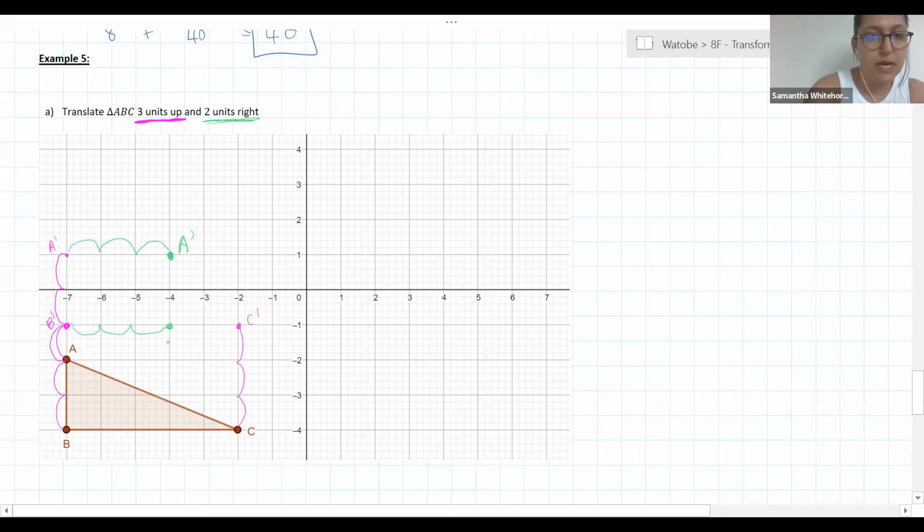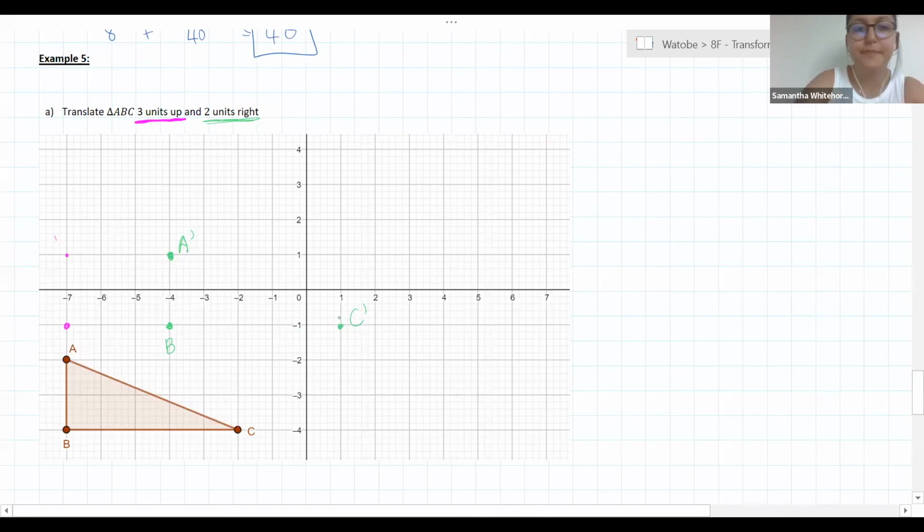So there's B dash. And C, 1, 2, 3. So here's C dash. Now, what I would do is all of the pink stuff, I'd probably do in pencil so that I can then erase it and work only with the coordinates that are the final set of coordinates. Oh gosh, and then I went and erased where C should be.